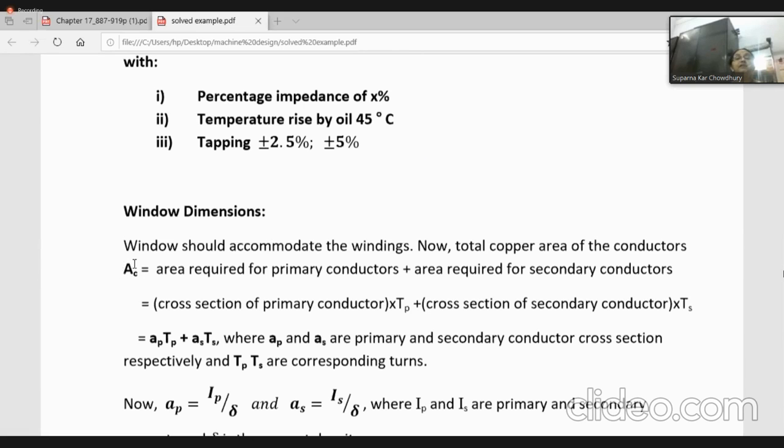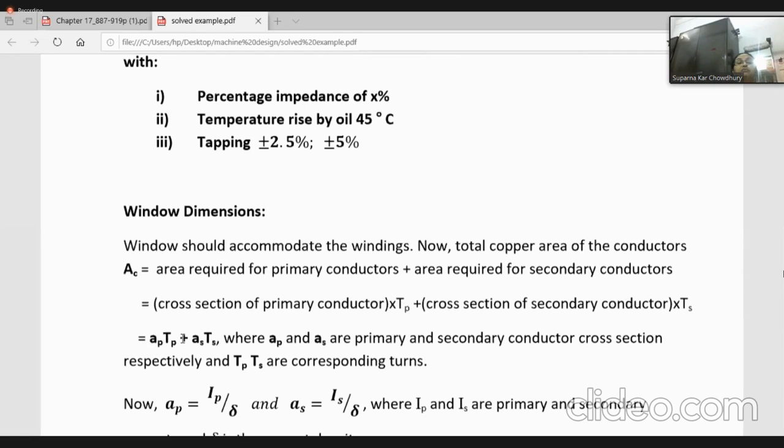So if AC is the area of the conductor, then it is the area of the primary conductor plus area of the secondary conductor. Now area is the cross section of the primary conductor into primary number of turns, plus cross section of the secondary conductor into secondary number of turns.